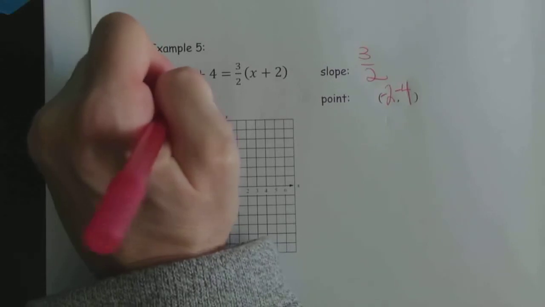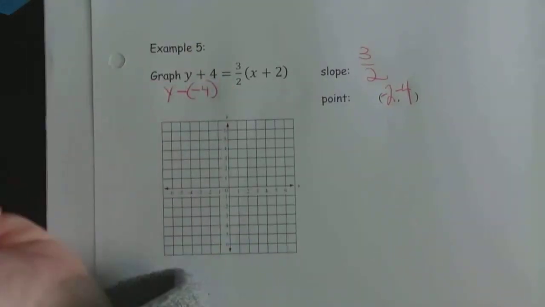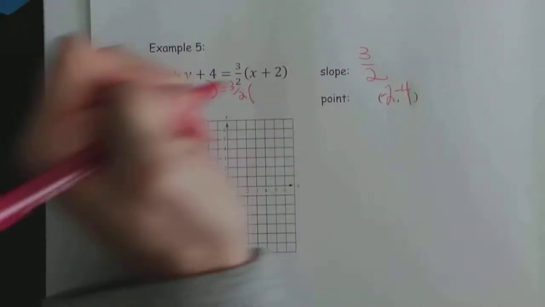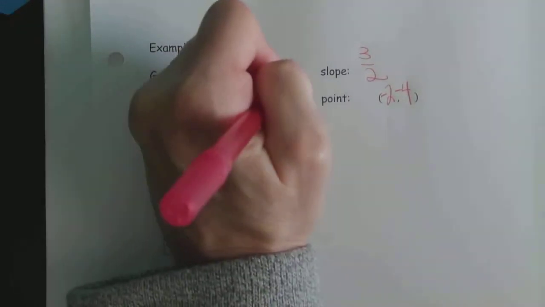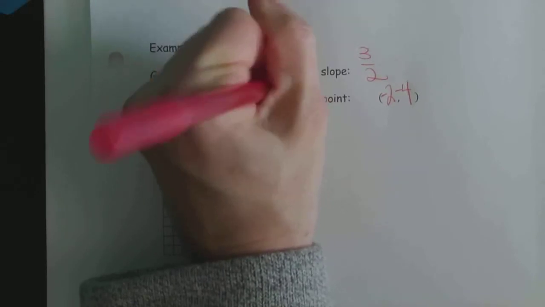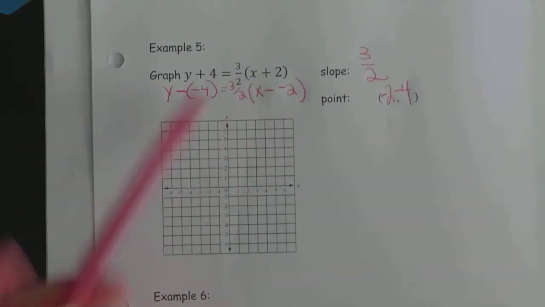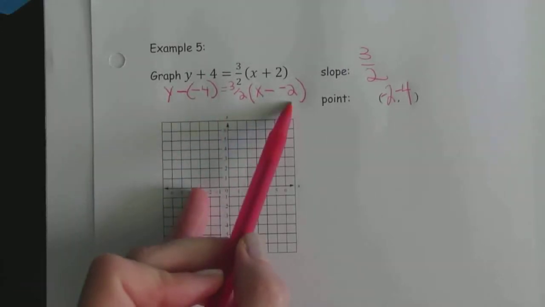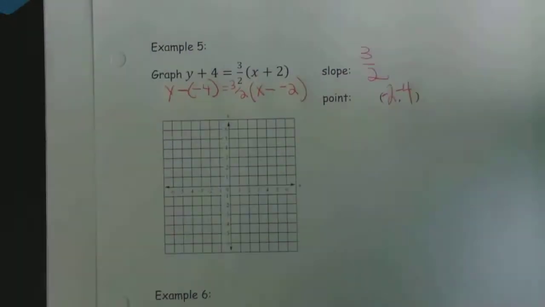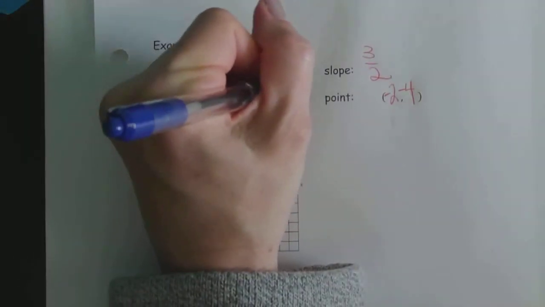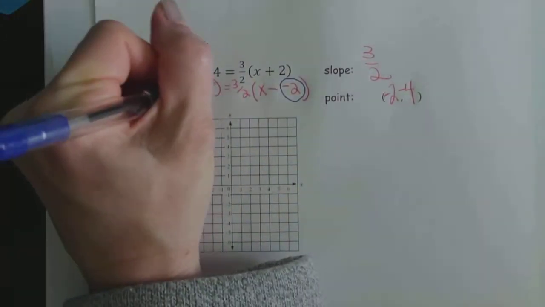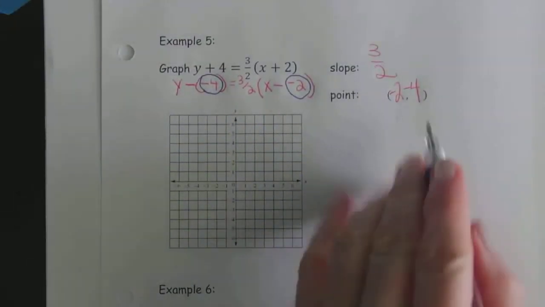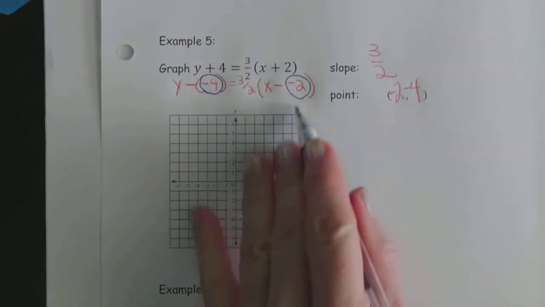But the real reason is this. This would be written as y minus negative 4 equals 3 over 2 times x minus negative 2. So by rewriting minus negative 4, minus negative 2, now you can really see x sub 1, y sub 1.